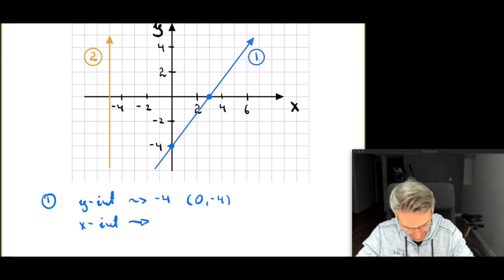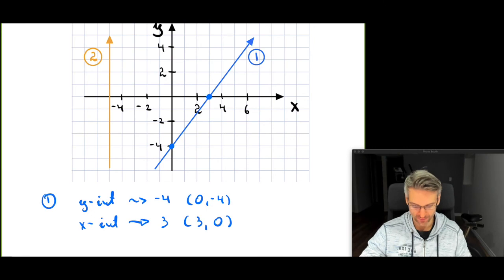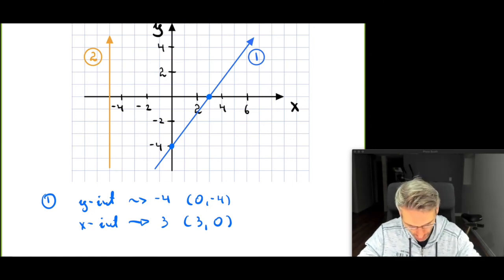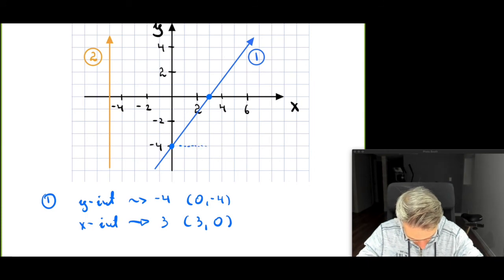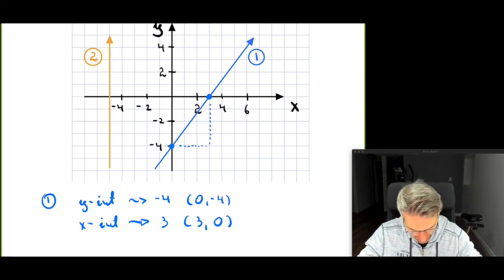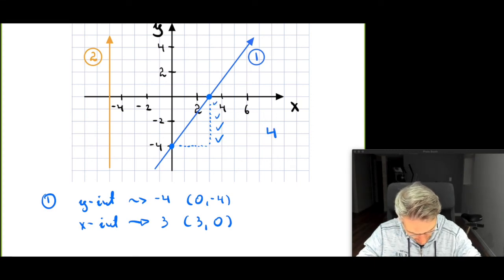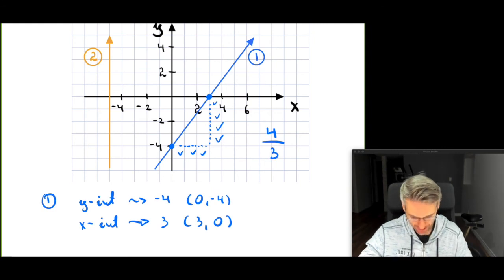And then your x-intercept is 3, so that would be 3, 0, as a point. And my slope, notice again, rise over run. My rise, 1, 2, 3, 4, that's my rise. And then 1, 2, 3, that's my run.